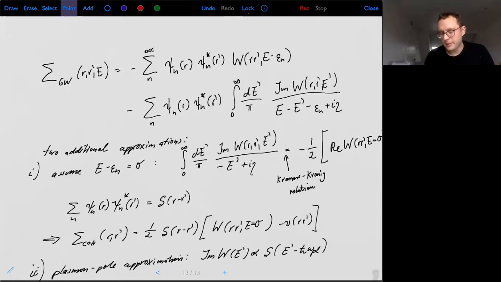And the last bit is I want to just show you how you would go through an actual GW calculation. So if you want to pick up a GW code and calculate, I don't know, a band gap or something like that. But are there any questions at this point?